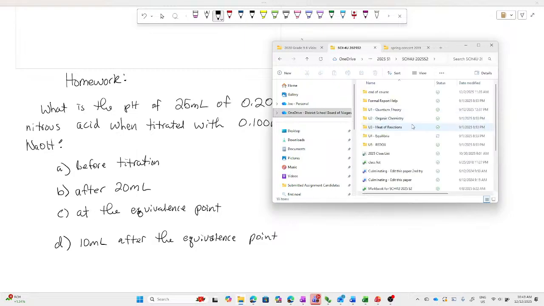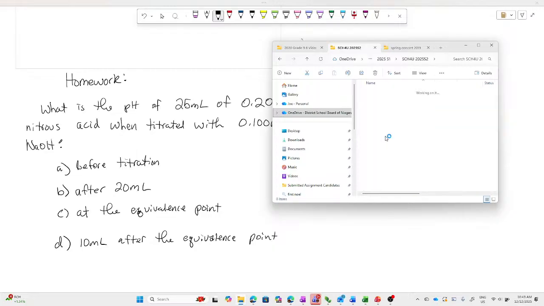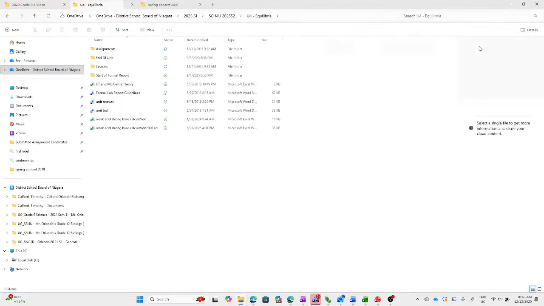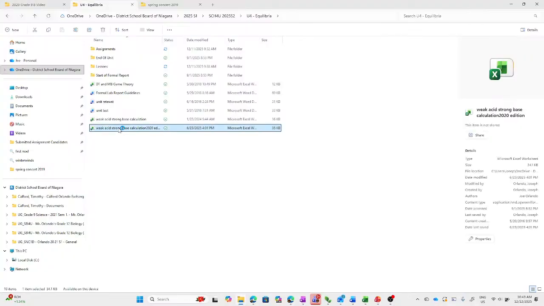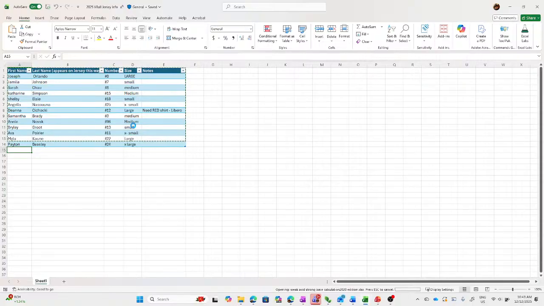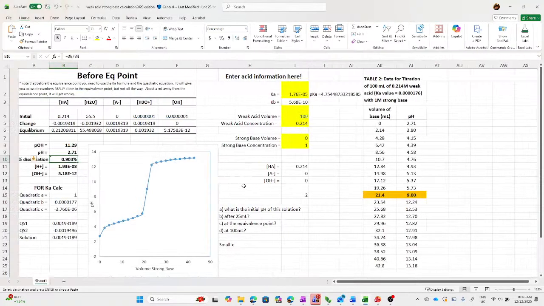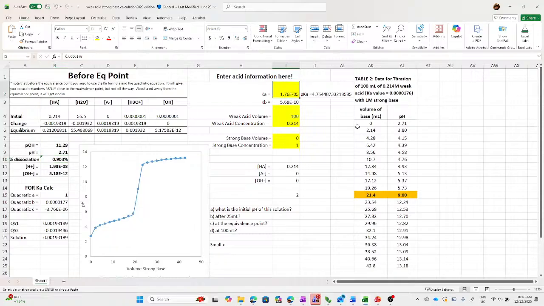So I'm going to share it with you, and I'm going to encourage you to use it because it can make your math a little easier. Here it is. All right, ready? Can somebody give me the Ka value of nitrous acid?